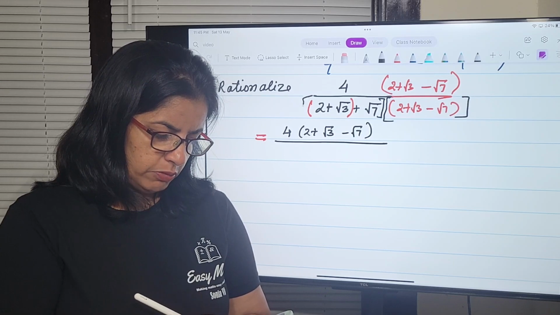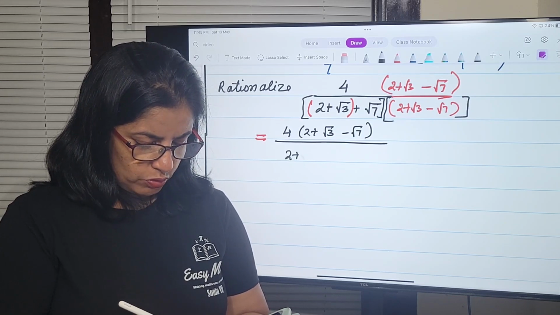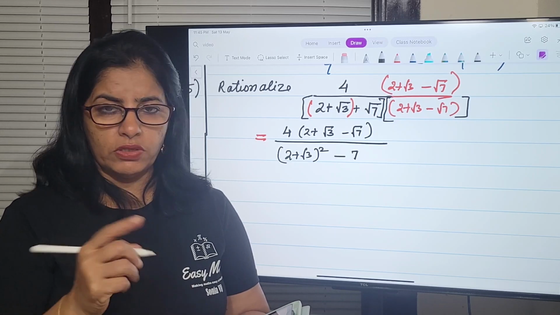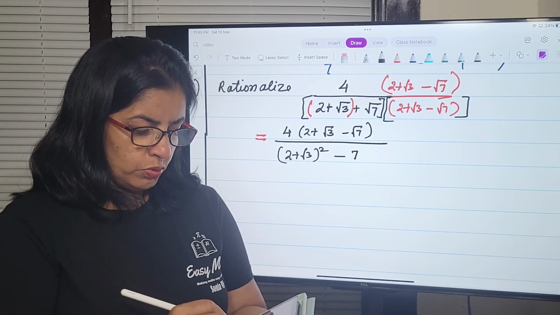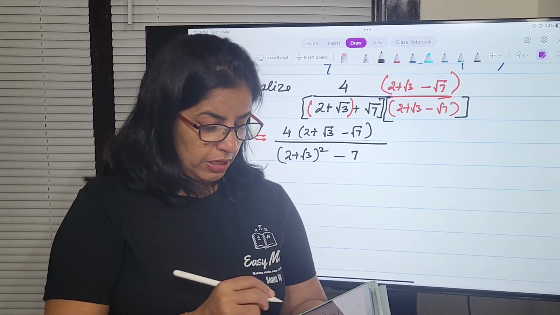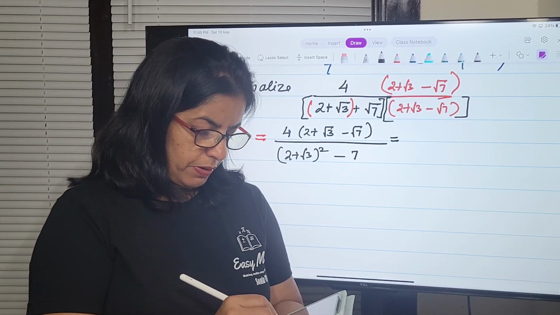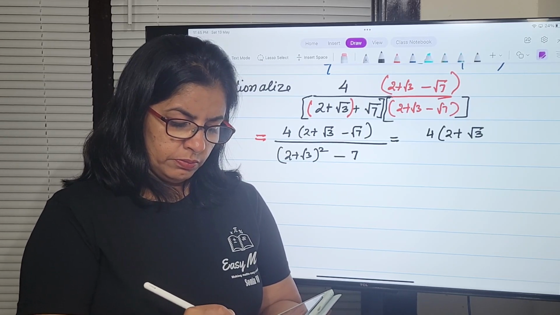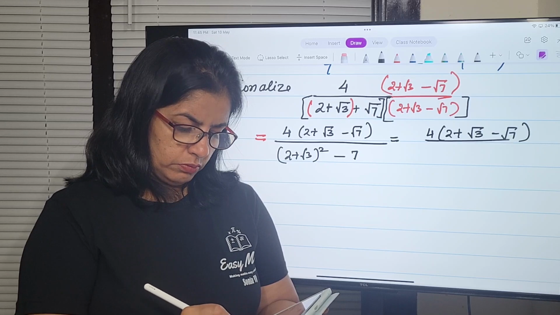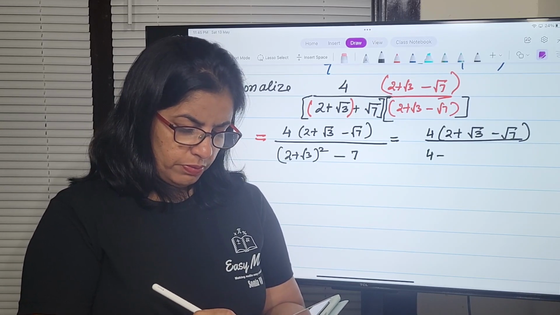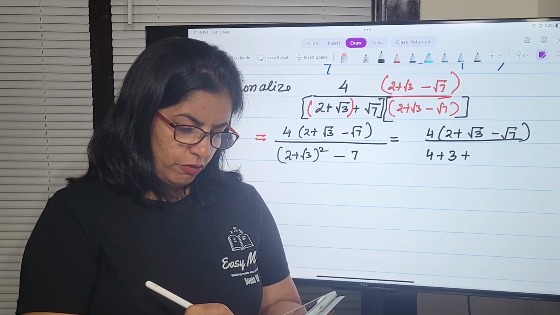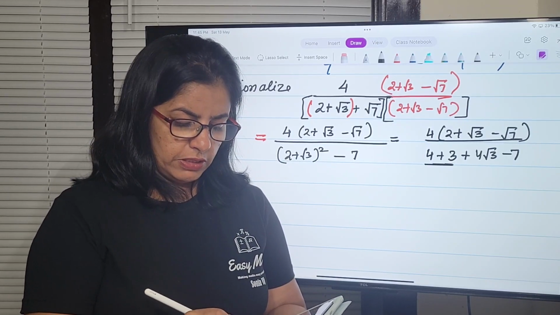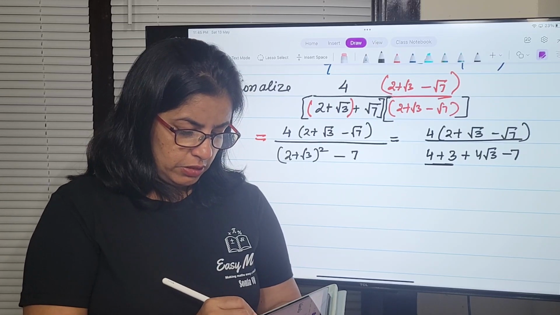You will get A square minus B square only format, 2 plus root 3 whole square minus 7, root 7 square is 7. Now using the identity A plus B whole square, the denominator part, let this be like this only, no changes here. 4 plus 3 plus 4 root 3 minus 7. 4 plus 3 is 7. 7 minus 7 will get cancelled.